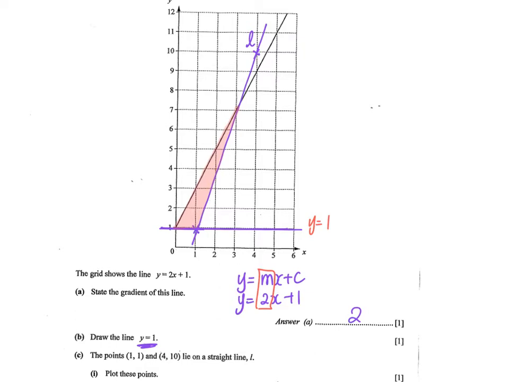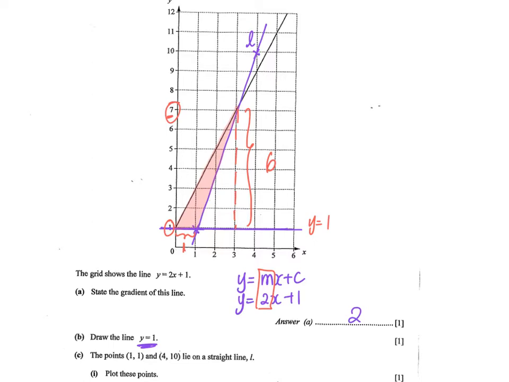How do we find the area of a triangle? Area of a triangle is given by half times base times perpendicular height. So what is the perpendicular height over here? We have the number 7 and the number 1. From 1 to 7 is a total of 6 units, and the base is 0 to 1, which is 1 unit.